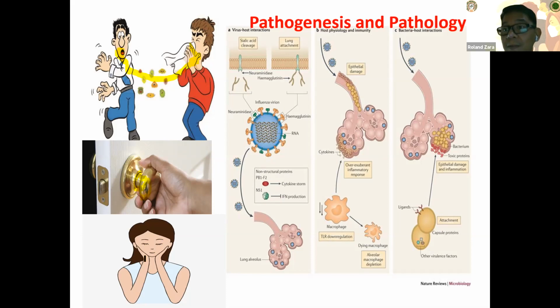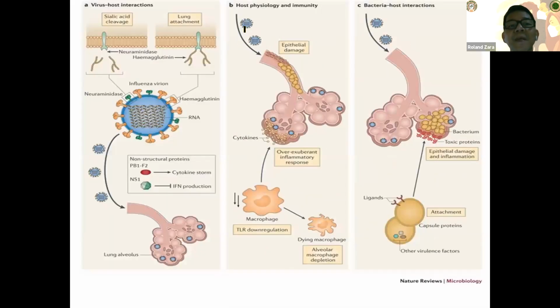So once it enters the respiratory tract, it binds here to the sialic acid. It is now endocytosed. Once endocytosed, it attaches to the epithelial cells of the alveoli. Since this is foreign, it releases a lot of cytokines, your inflammatory response.